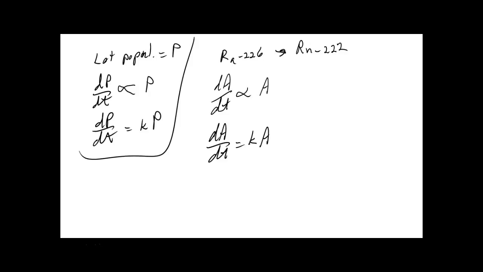Now, one difference here is this k is usually a positive number for populations, because populations grow, while radioactive decay declines. That's why they call it decay. So k can be positive in this case, negative in that case. Two different problems, very different problems.